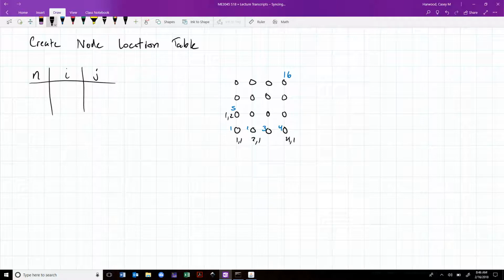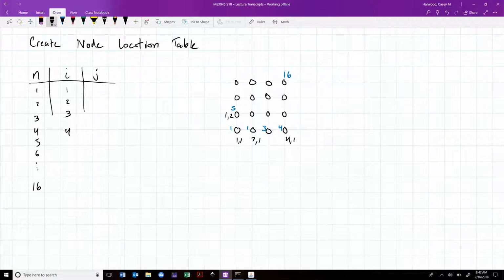It's very easy to build this for any grid size because you make an n column that's just 1, 2, 3, 4, 5, 6, counting up to 16. And then for the i, it counts up 1, 2, 3, 4. So it's an ascending vector for the number of nodes in the x direction.